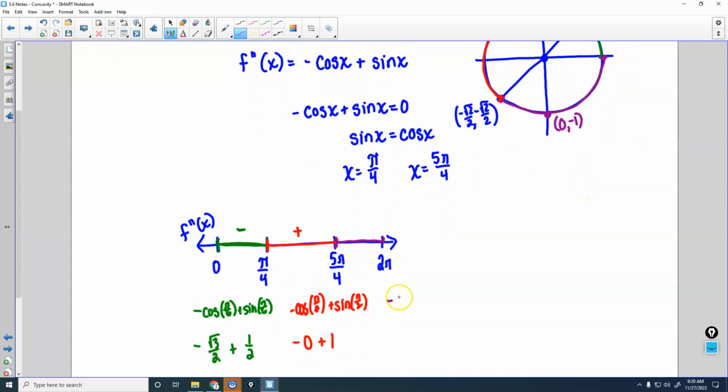So if I do negative cosine of 3 pi over 2 plus sine of 3 pi over 2, I'm going to have negative 0 plus negative 1, and that is going to give me a negative in that section.